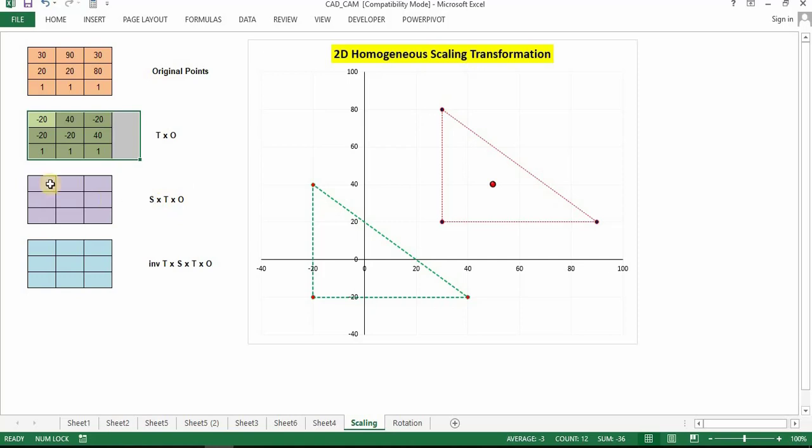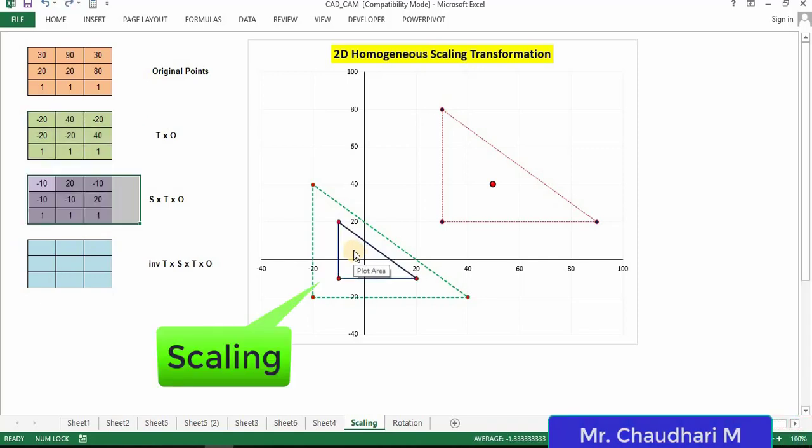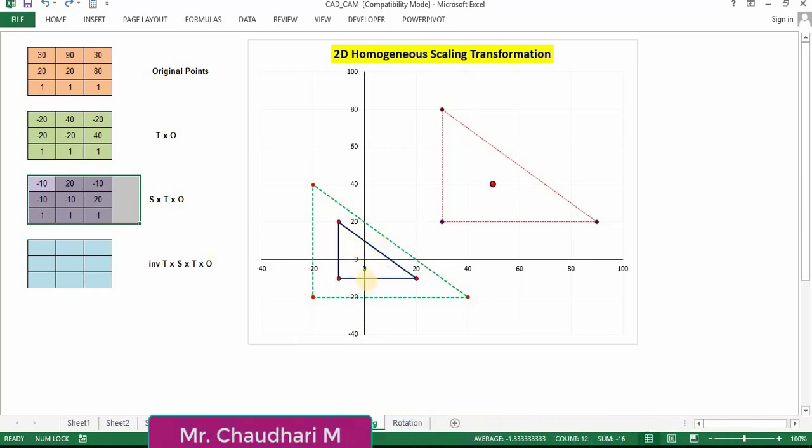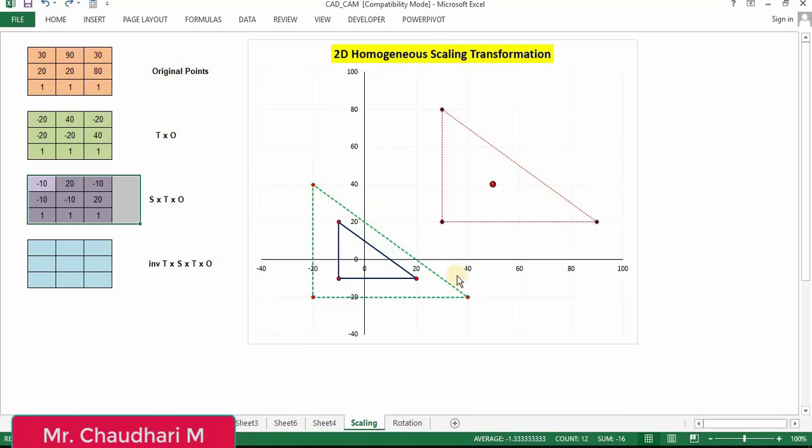The matrix becomes this, and the geometry is scaled here. 0.5 means it reduces. This blue geometry shows the entity scaled by half in all directions, and then this geometry goes again to the original position, from the origin back to the original position.